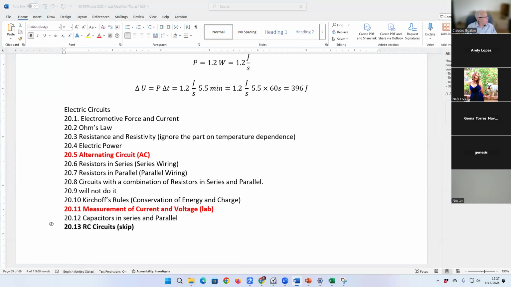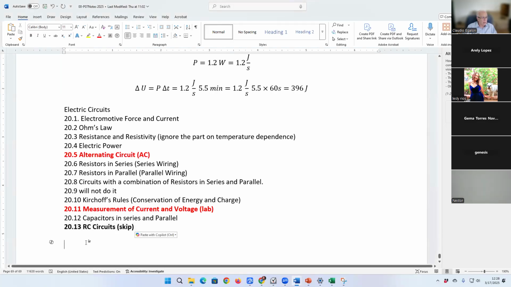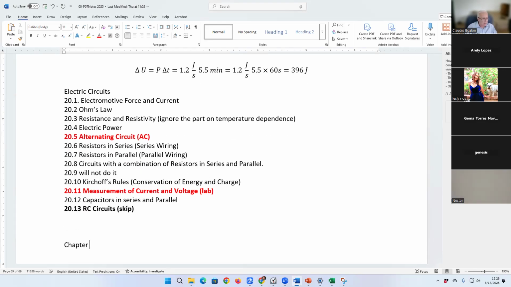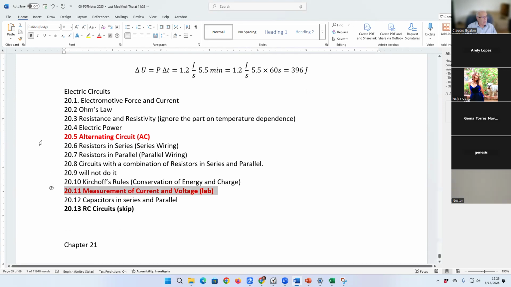So what I want to do now is to start chapter 21. The previous one here, we're going to go back to when we start looking at AC circuits.